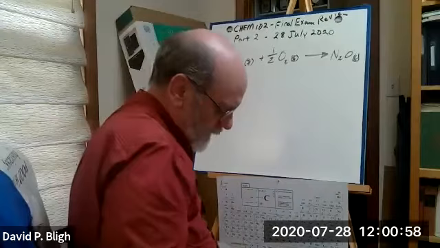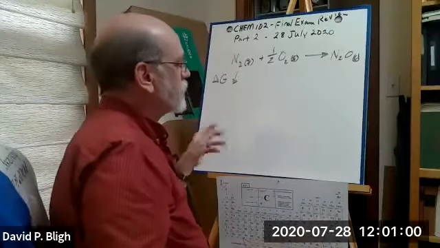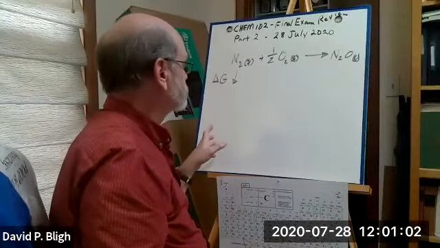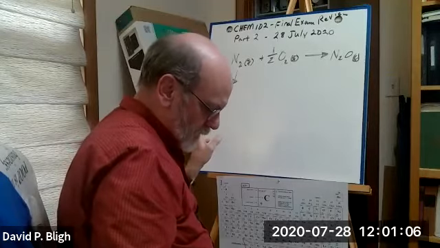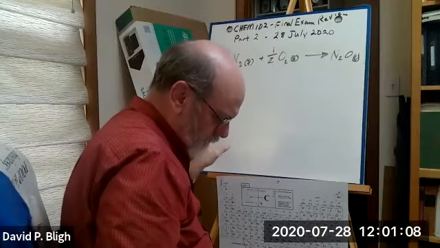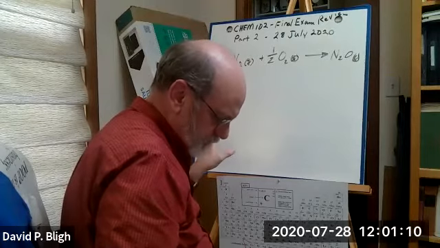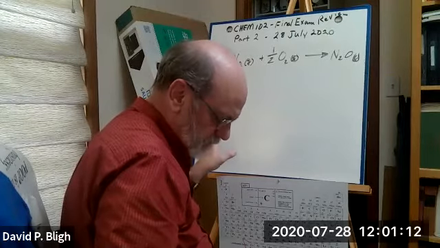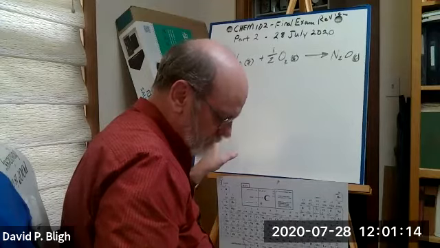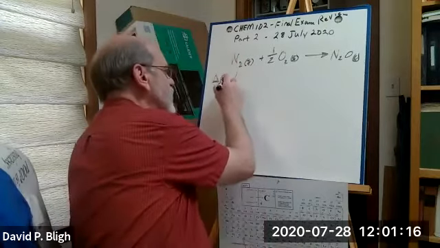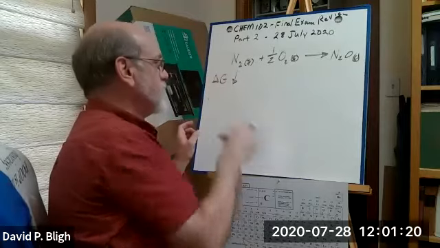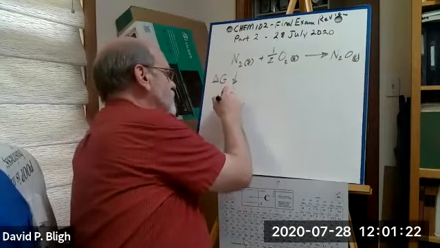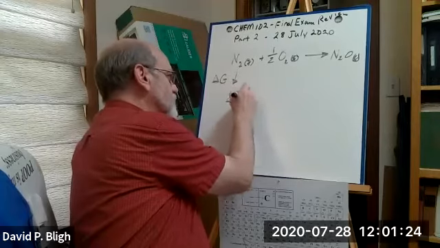Well, there are a number of approaches we could make here. We're not given any other information. So this is the actual delta G for the reaction. So it's not the delta G 0.